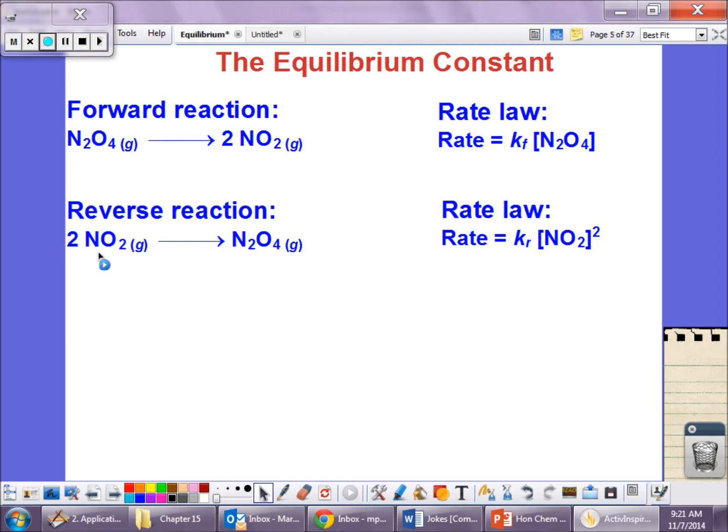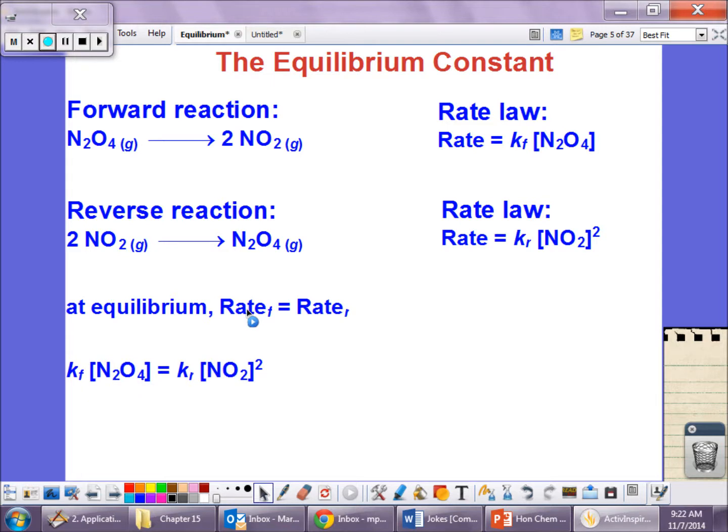So this is the rate for each one of them. But at equilibrium, we said the rate of the forward reaction equals the rate of the reverse reaction. Therefore, we can write that the rate constant times that reactant equals the k reverse times the other reactant. Okay, let's go back here.